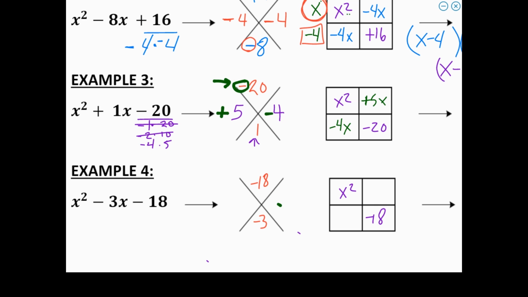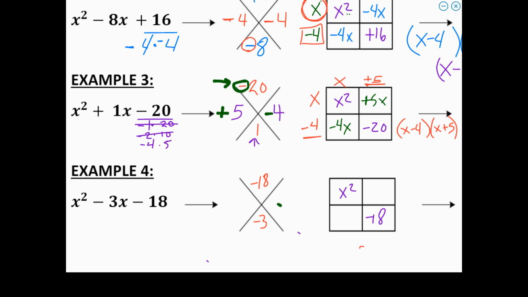So what's the only two things that can multiply to give me x squared? So I know that's x times x. So what does that make this have to be? Negative 4. What does that make this one have to be? Positive 5. So my two factors are x minus 4, x plus 5.